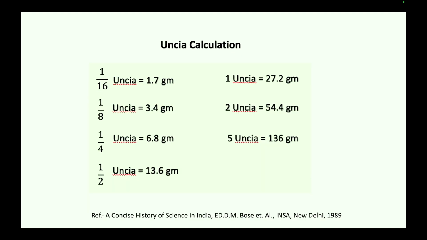From Mohenjo-daro and Harappa, numerous inscriptions and stone weights have been reported. The Indus script is not deciphered yet, but a large number of weights have been studied by scholars. According to scholars, these weights were intended to be fractions or multiples of the uncia. 288 specimens of small cubes of chert have been shown to fall under 7 distinct groups.